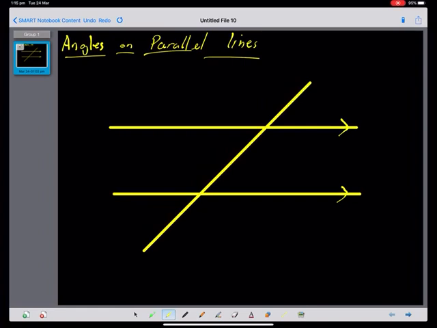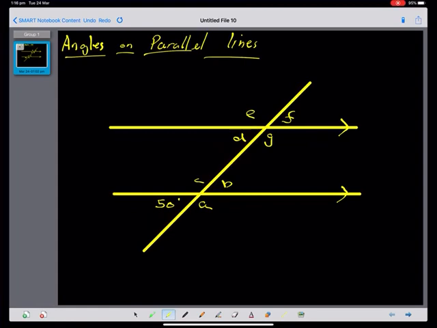This is a transversal, and I'm going to say that this is 50. I would like you to find A, B, C, D, E, F, and G, and provide a reason. Pause the video and off you go.